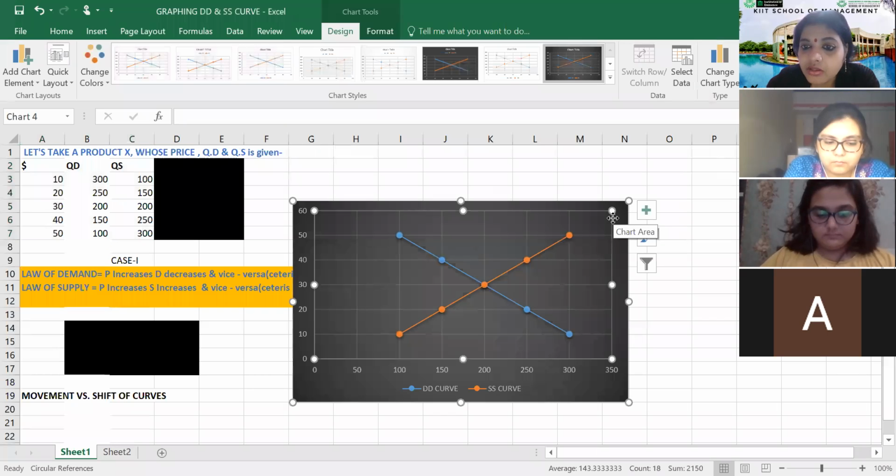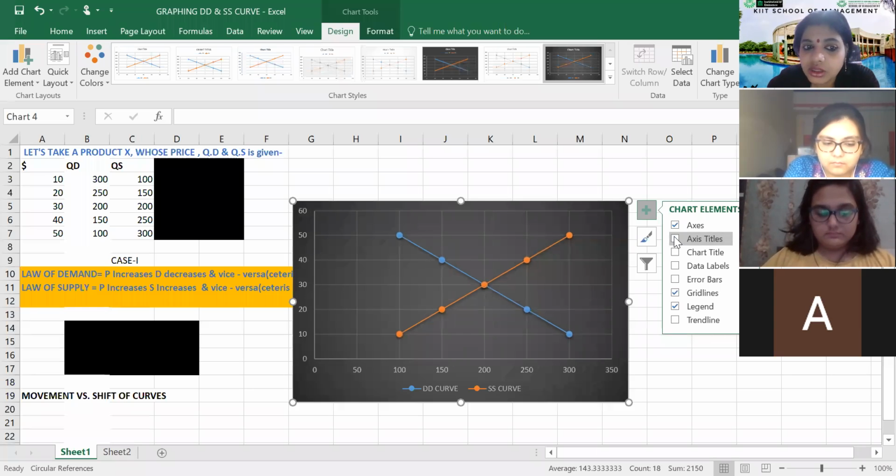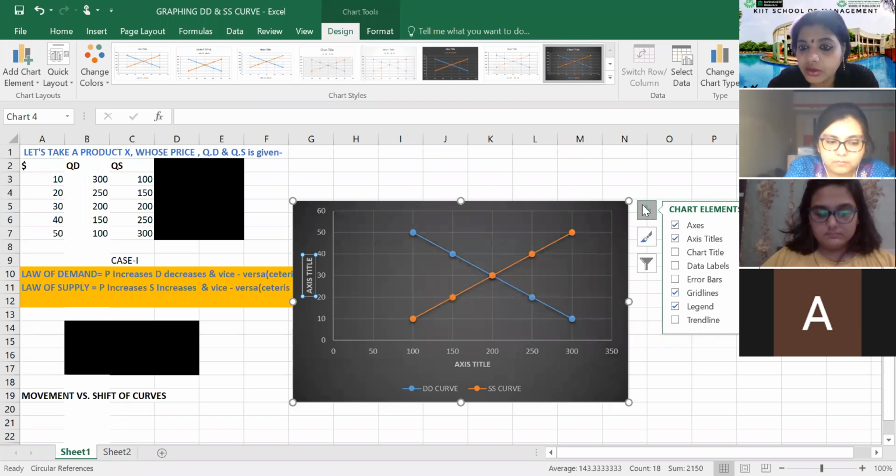Now if you want to change the title or the axis title, just click on this. You'll get to the data. To plot the axis title, you can see a plus button. So there is an axis title, you want to name your axis.